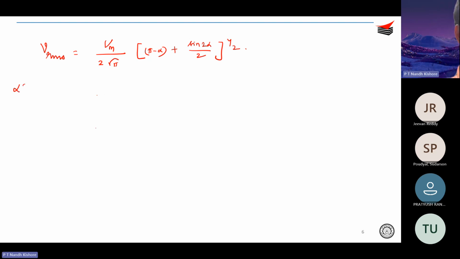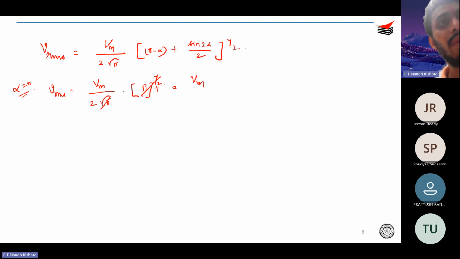So with alpha equal to 0, what happens? V RMS is going to be Vm by 2 root pi into root over pi plus sine 0, which is 0. So this and this get cancelled, and you end up with Vm over 2.